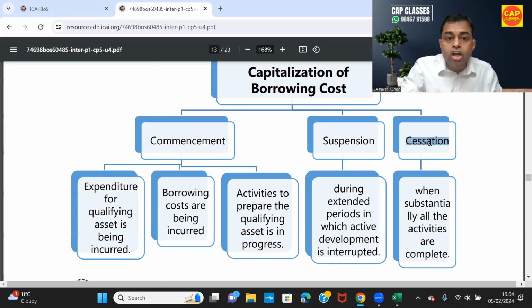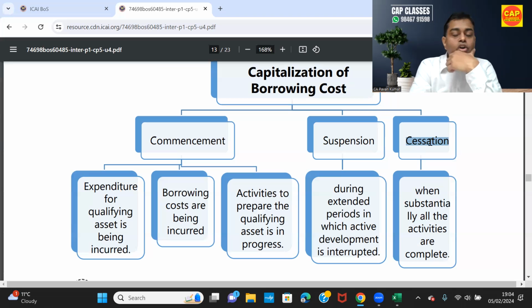Check 2, borrowing costs are incurred because I borrowed money. Check 3, activities on the qualifying asset are actively going on. When these 3 conditions are satisfied, start capitalizing BC. If any of these 3 conditions fails, you cannot capitalize borrowing cost. You have to put that borrowing cost only in P&L.